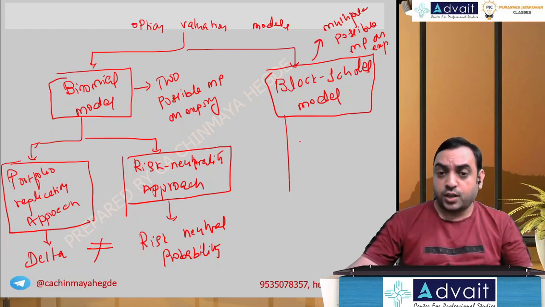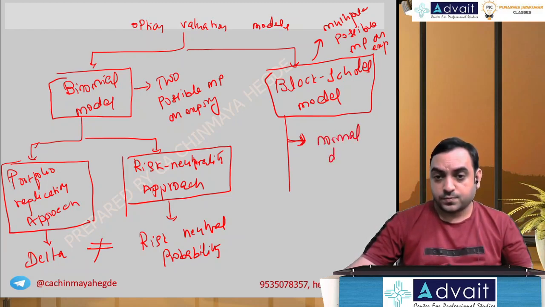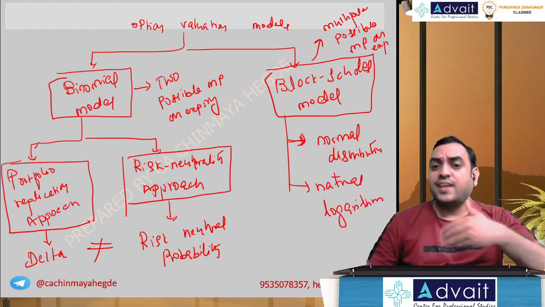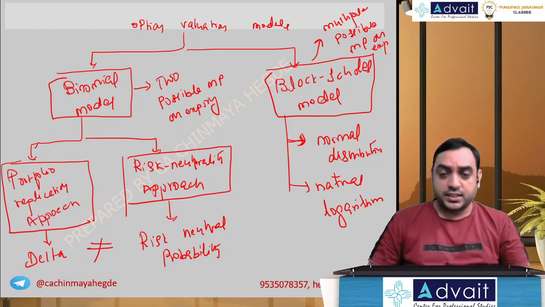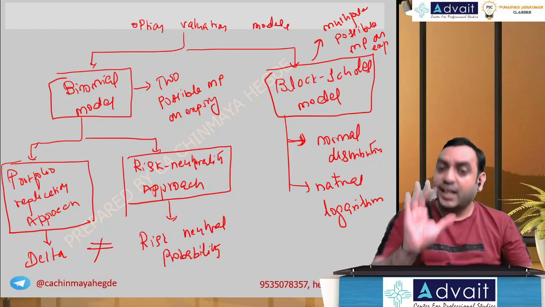In the Black-Scholes model, we are going to apply factors such as normal distribution and natural logarithm, because it's a statistical model. So we need these basics to understand the Black-Scholes model. I'll explain, don't worry.